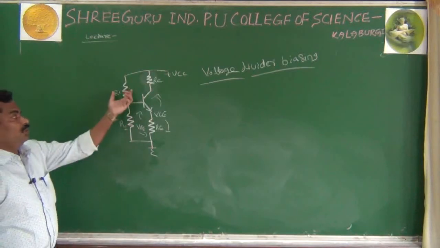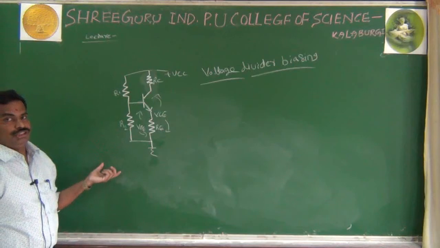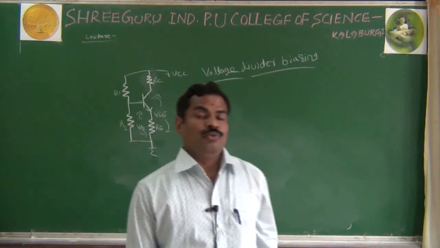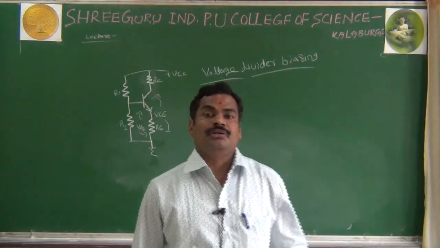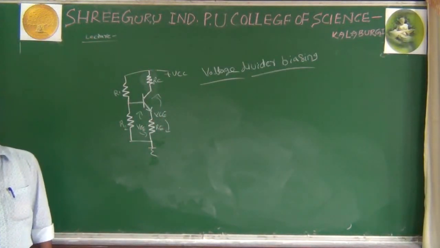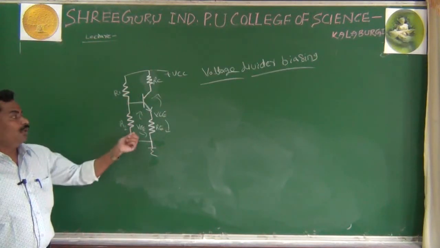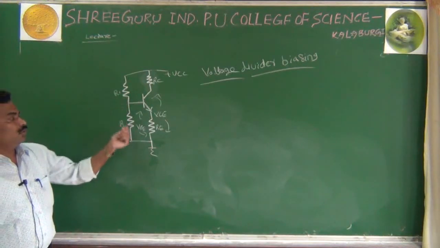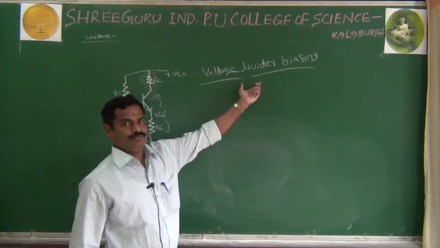It means R1, R2 and VCC divide the voltage. Because R1 and R2 are in series, you can divide the voltage, and you are using the voltage divider rule here. That is what is called voltage divider biasing.